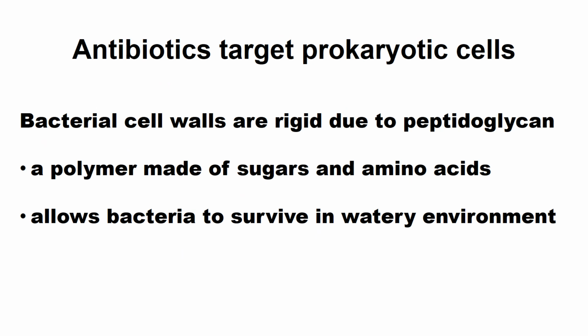All right, so let's talk a little bit about how antibiotics work, specifically how penicillin works. Bacteria have an outer coating that we call the bacterial cell wall. The bacterial cell wall is made out of a compound called peptidoglycan. Peptidoglycan is actually made out of many sugars and amino acids that are bonded together.